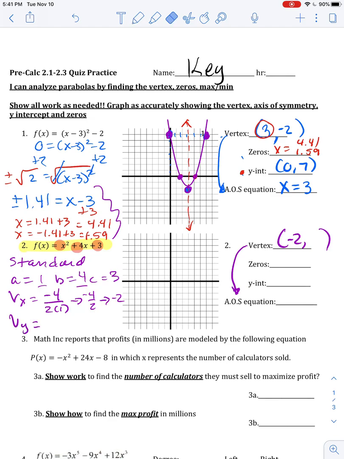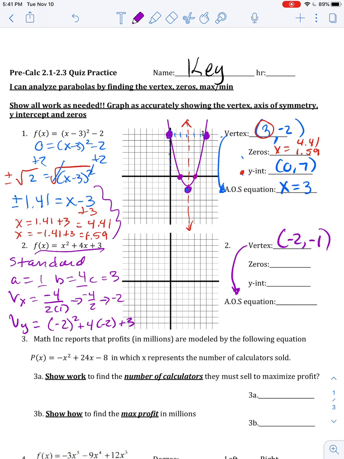Looking at my chart, I confirmed that for my y value, I'm going to go back to my equation up here, and where there was an x, I'm going to plug in my x coordinate. So I just got negative 2 for that.